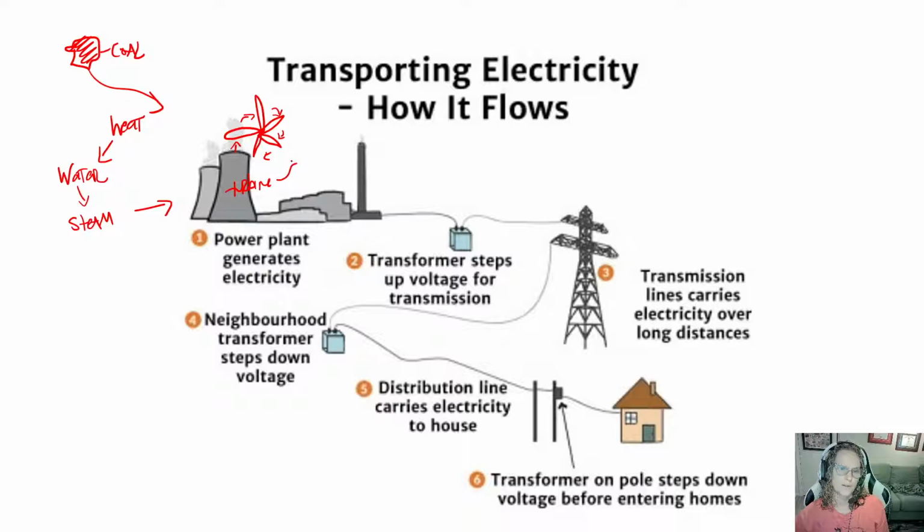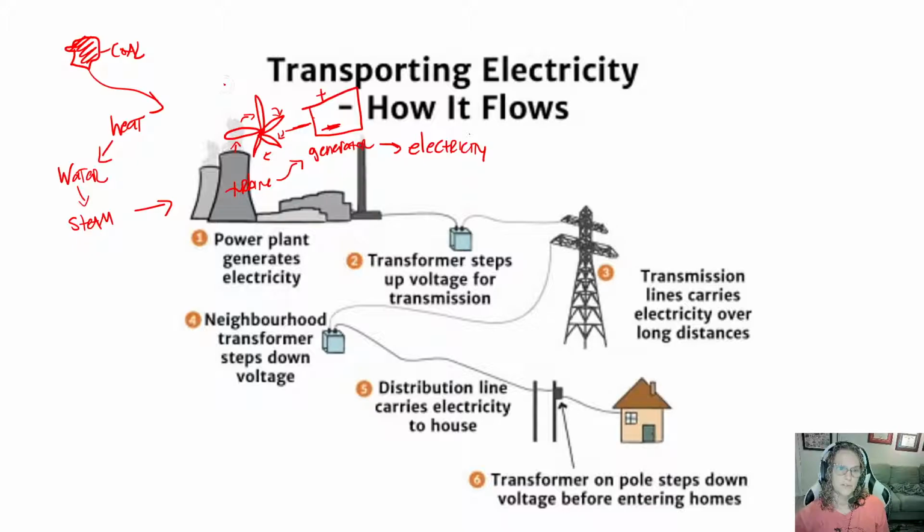And then the turbine is connected to a generator, which is basically a big electromagnet. So these hook together, and the generator spins around, and that moves these electrons that have a negative charge, and moving electrons is the definition of electricity.